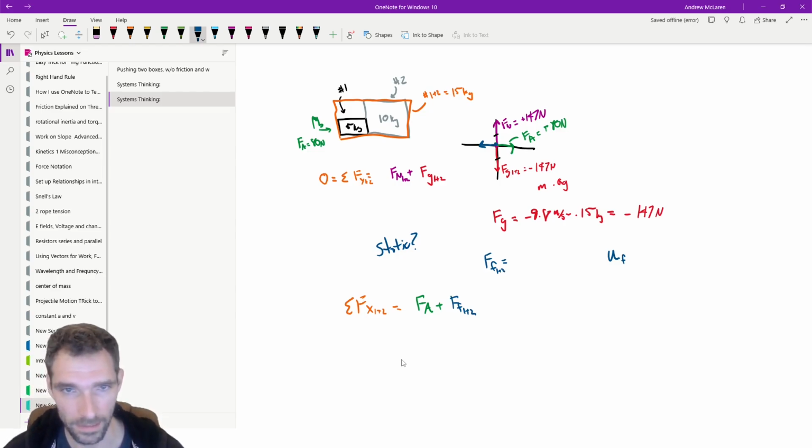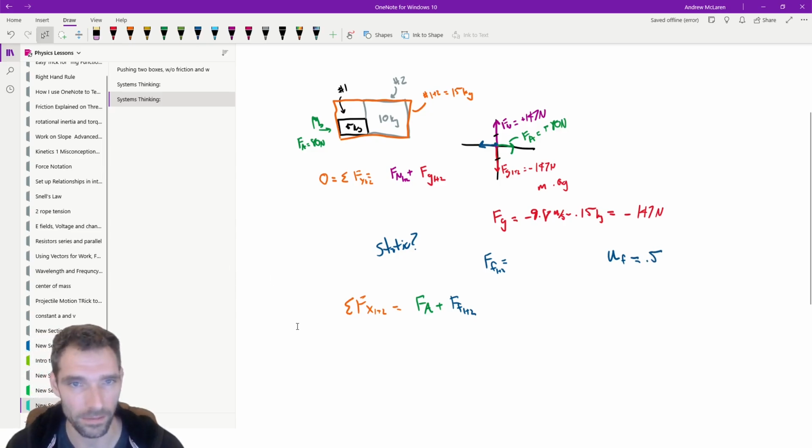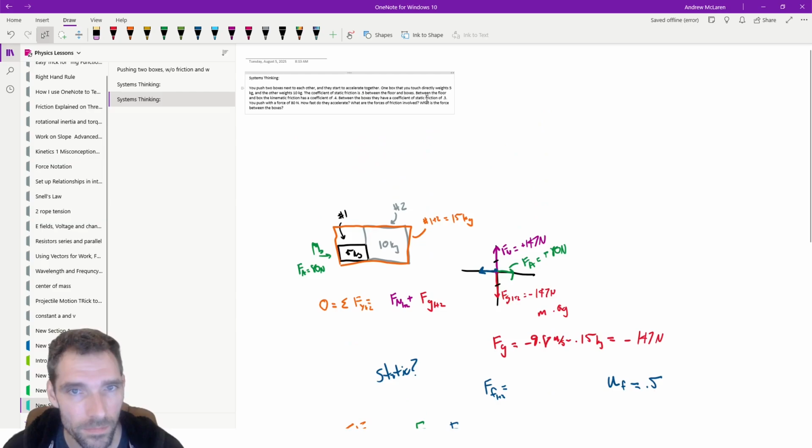And we're saying that, well, we want to know if this thing can accelerate. So is there a sum of forces that makes sense here? When we look at the coefficient of friction, that was, I believe, 0.5 was the value that we've given you for this problem. The floor and the boxes, yeah.